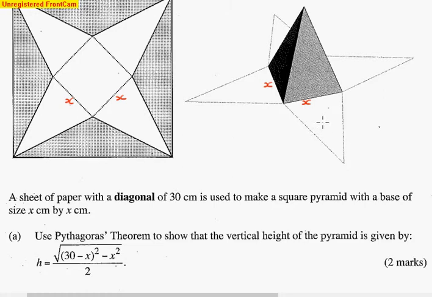Now we need the vertical height of the pyramid. Here's the pyramid. If I come straight down from the top of the pyramid to some point, right in the middle. That's it, straight to the bottom. Now if I take a line from the bottom, coming to the edge, there, that'll be in the middle of the edge.